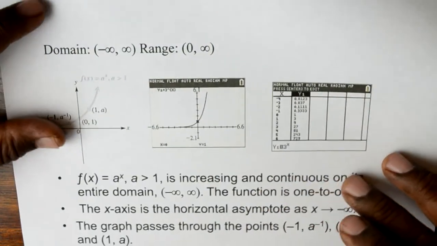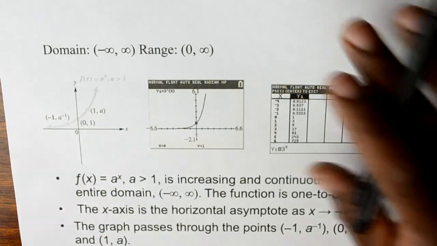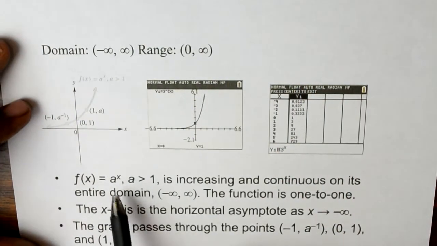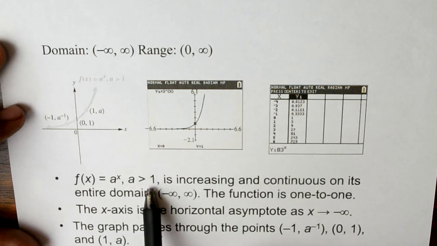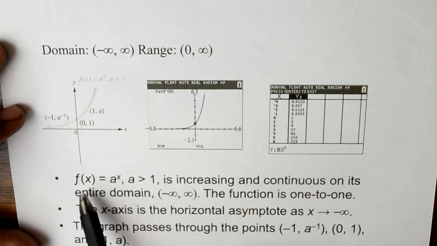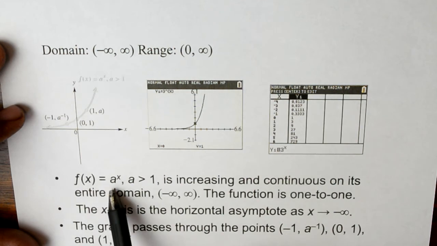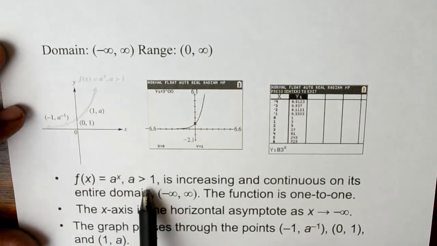The second way in which an exponential function can be written, the base a is greater than 1. So the function f of x is equal to a raised to the power of x. The base a must be greater than 1.